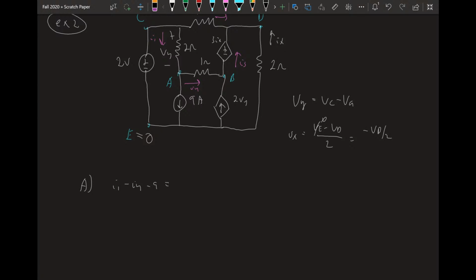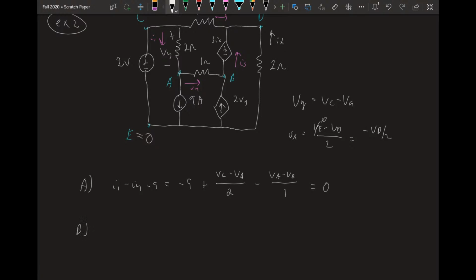We can rewrite this. We can say this is negative 9 plus, what is I1? I1 is VC minus VA over 2 ohms. What is I4? I4 is VA minus VB over 1 ohm. This equals 0.